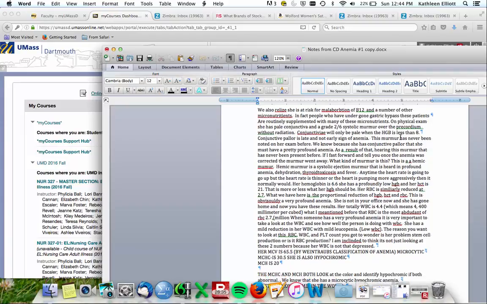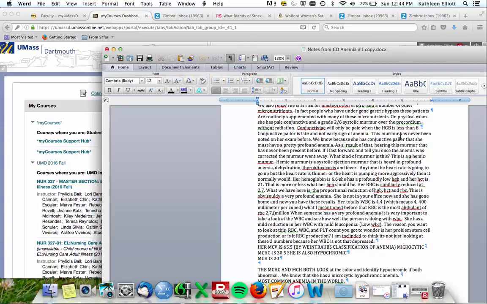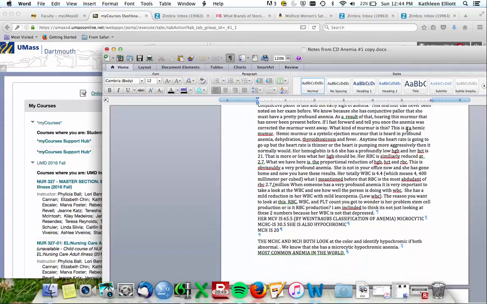She has a mild reduction in WBCs with mild leukopenia. The reason you want to look at the RBCs, WBCs, and platelet count is you want to wonder, is this problem a stem cell production or is it an RBC production? You would be inclined to think that this is not a stem cell problem, because her WBCs are not depressed, and her platelet count is elevated.